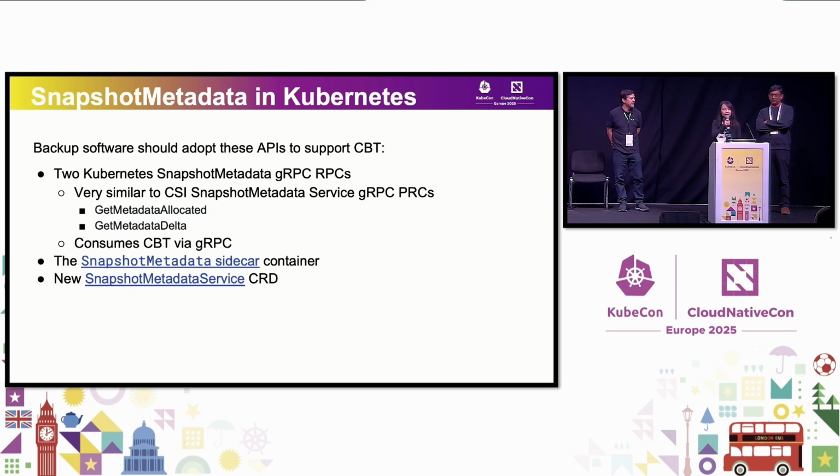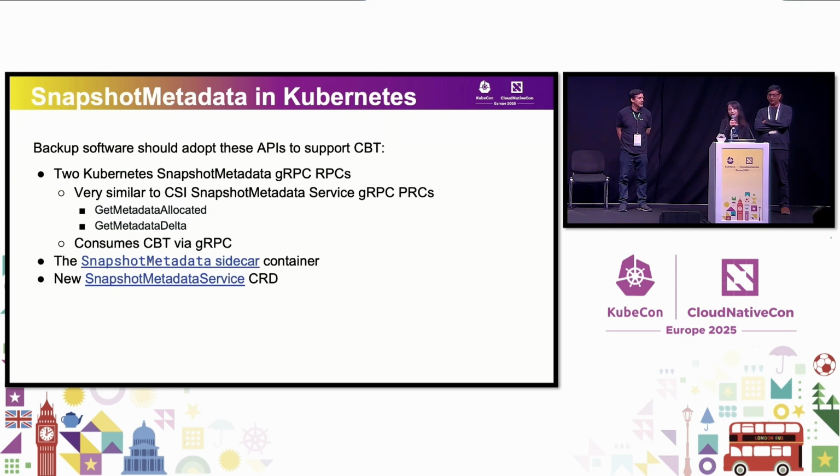We implemented this Kubernetes snapshot metadata in the snapshot metadata sidecar, a gRPC service. This gRPC service calls the CSI driver to retrieve the snapshot metadata. We do have a new SnapshotMetadataService CRD.